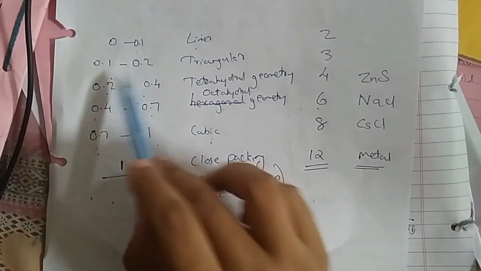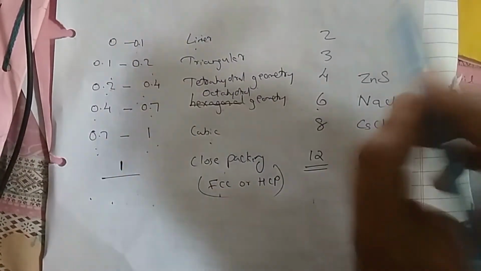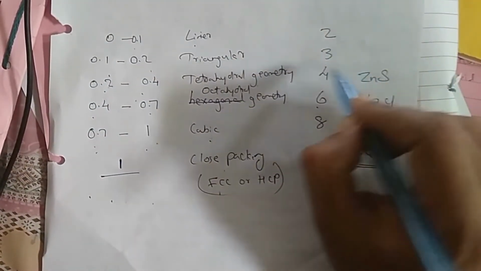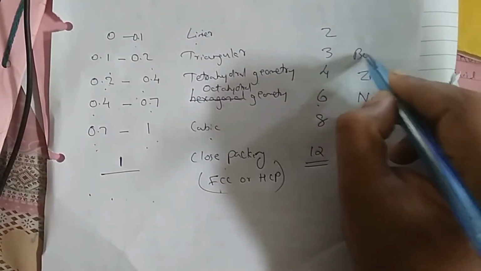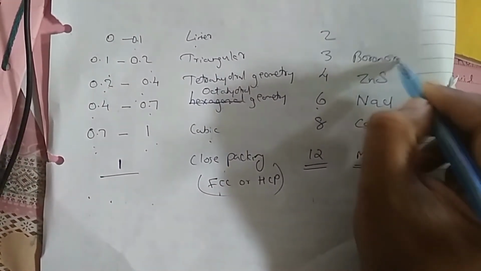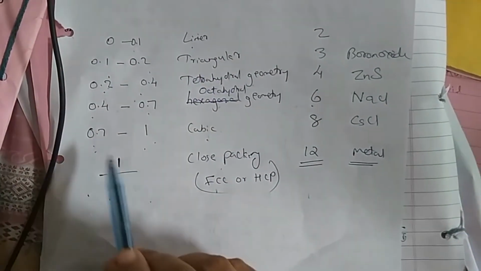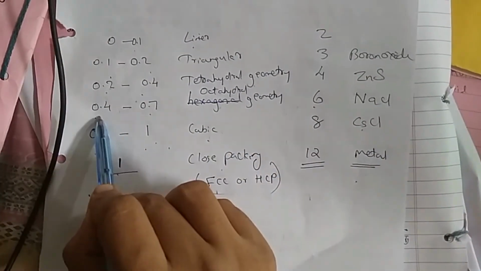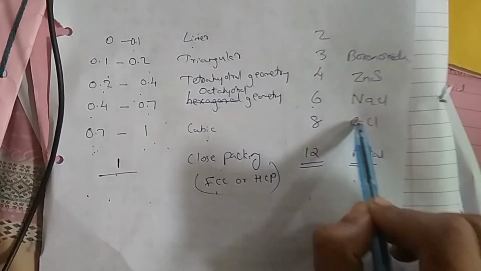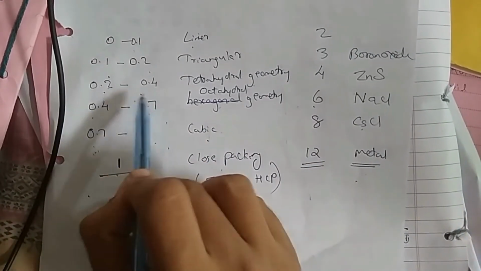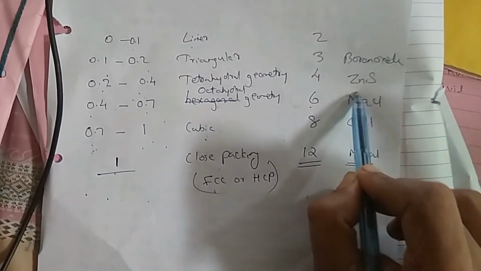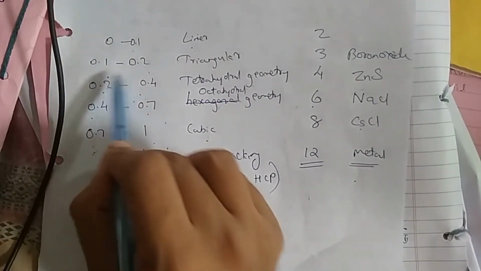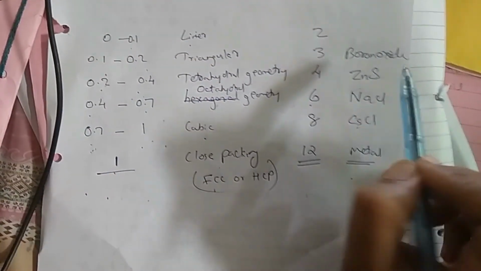For 0.1 to 0.2, it is triangular geometry, coordination number 3, and the example is boron oxide. So these are the examples: for 1, metals; for 0.7 to 1, cesium chloride; for 0.4 to 0.7, sodium chloride; for 0.2 to 0.4, zinc sulfide; and for 0.1 to 0.2, boron oxide.